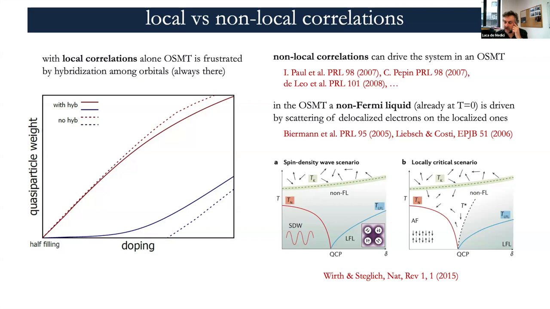One in which you have just a cut of the Fermi liquid from the magnetic phase, another in which you actually have a vanishing scale of the Fermi liquid at the exact point where the magnetic phase happens. And this can be due to the unavoidable non-local correlations that can, and this can be shown, drive the system into an OSMT, because there the quasi-particle weight can go to zero without the mass diverging, which is what the local interorbital hopping actually frustrates.